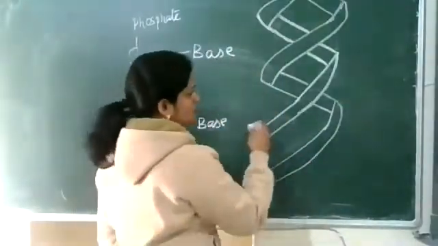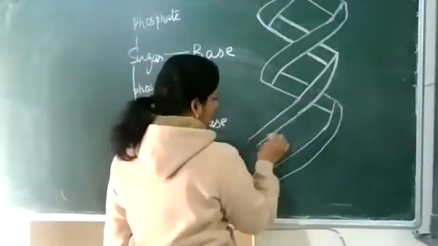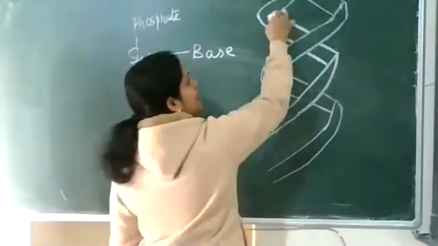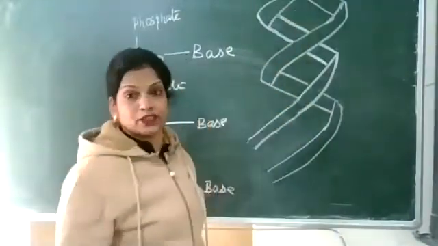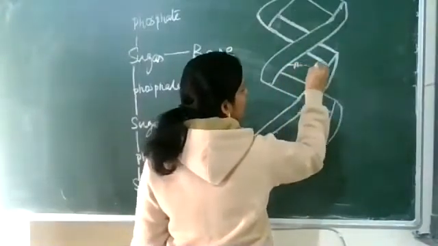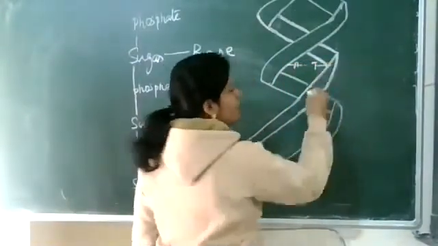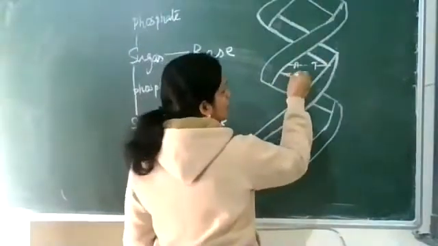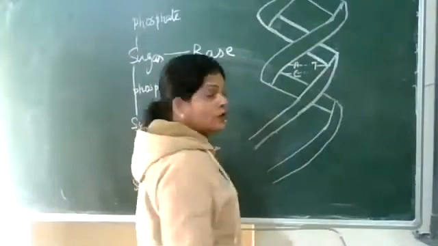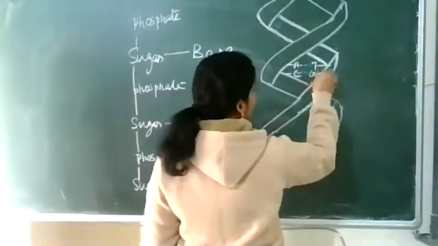When these two right-handed helices are going like this, pairing of bases is taking place. This adenine will be making hydrogen bonds with thymine of the next, or cytosine will be pairing by hydrogen bonding with guanine.